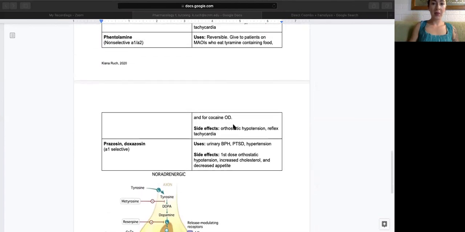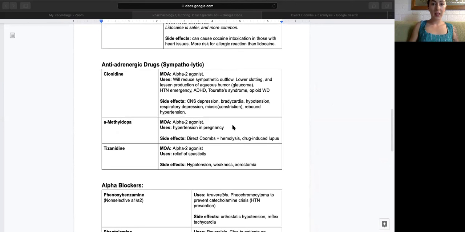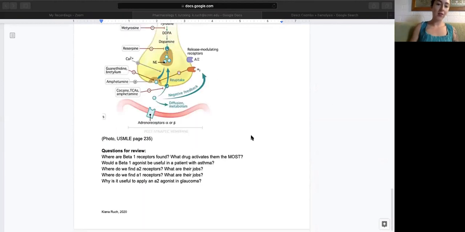In the anterior chamber of the eye. So using an alpha-2 agonist can help reduce the production of aqueous humor in the eye, and therefore lessen pressure in the eye and reduce the complications associated with glaucoma.